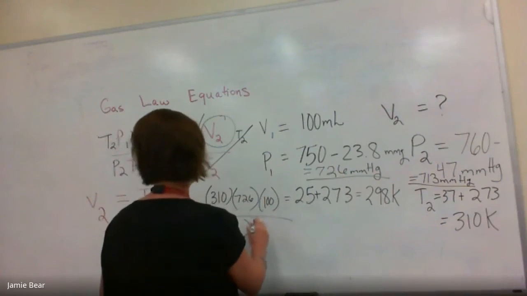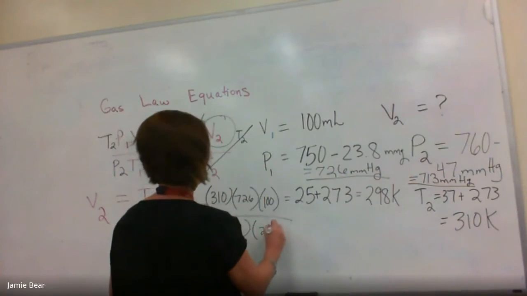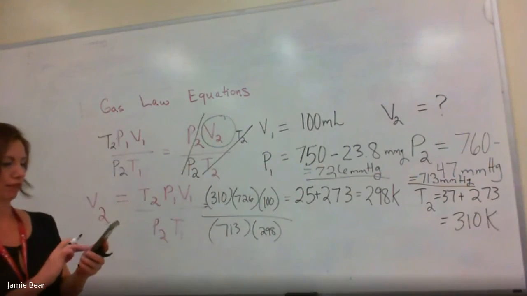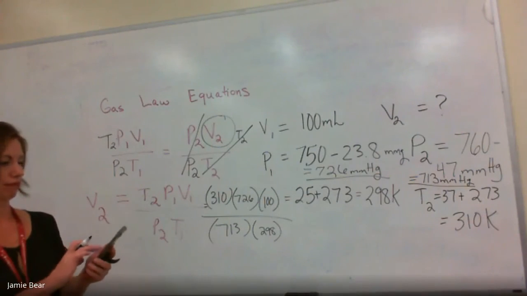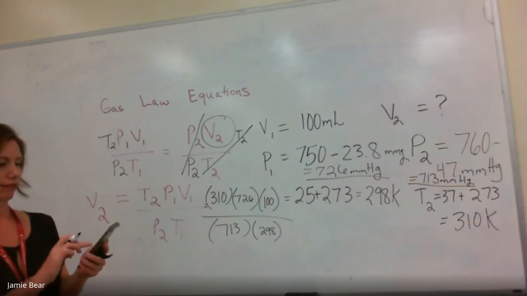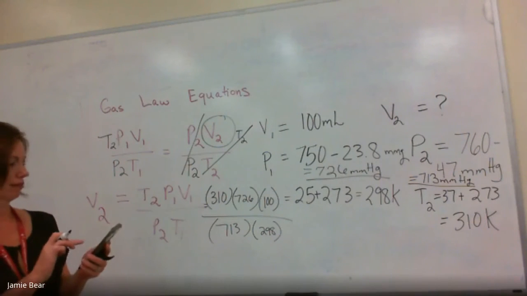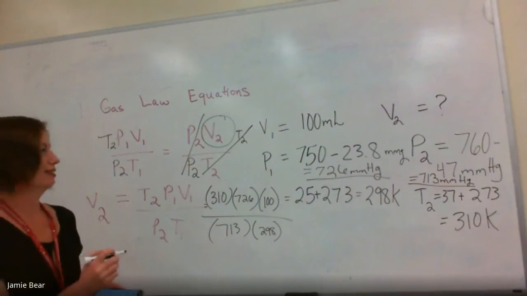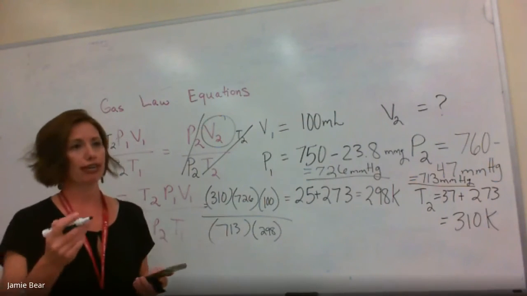So our T1 is our 298. So I'm going to put that into my calculator here. And I get 105.9.